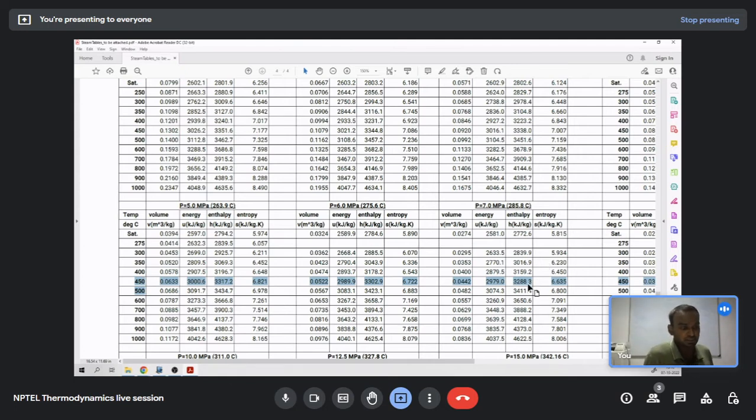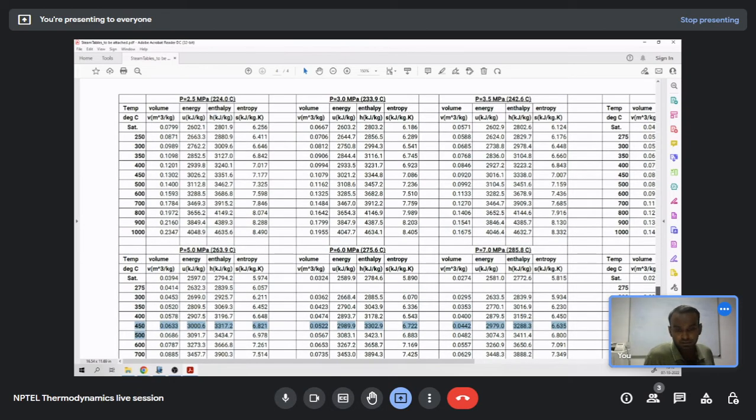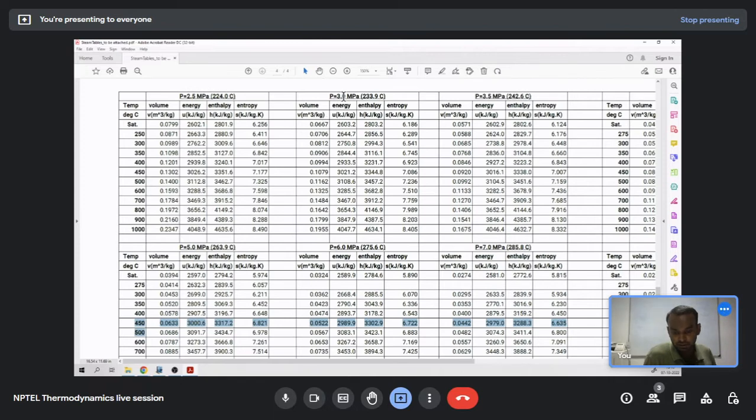We can see if it exists in the superheated state or the saturated state. So here for the 3 megapascal, and for enthalpy of 3288 it is somewhere between these two. So the final temperature is somewhere between 400 and 450 degrees Celsius.